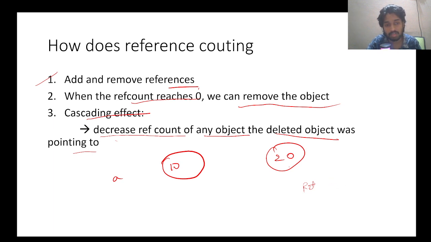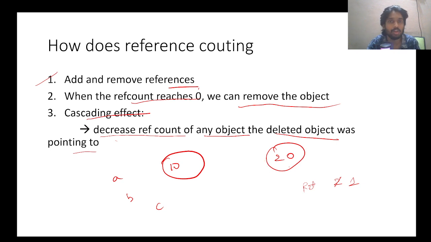But if the reference count is 2, then we will decrease it to 1, and it won't get deleted. It will only get deleted when the reference count reaches 0. We will try to decrease the reference count. Even here, with a, b, c, just because I removed a, it won't get deleted. Only when the reference count becomes 0 does the object get deleted. So even here we are just decreasing the reference count.